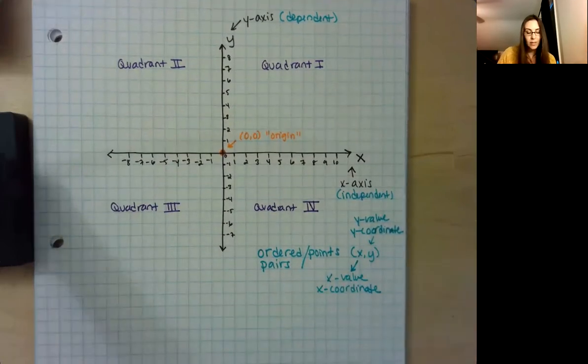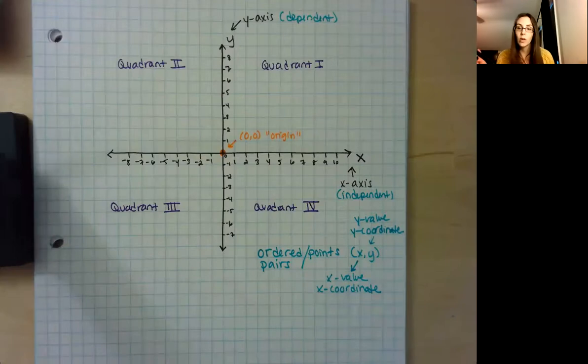There are other terms we sometimes use as well, but those tend to be the main ones. You'll see a lot of interchanging between words like ordered pairs versus points, or x value versus x coordinate, so you just want to recognize both forms.